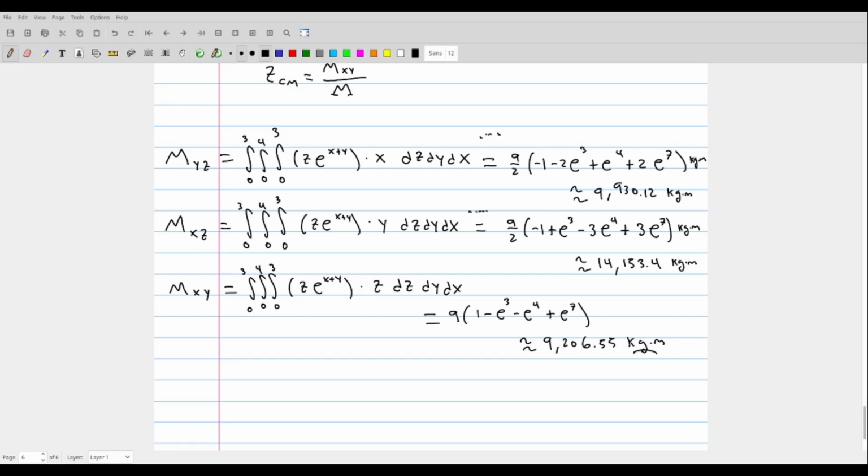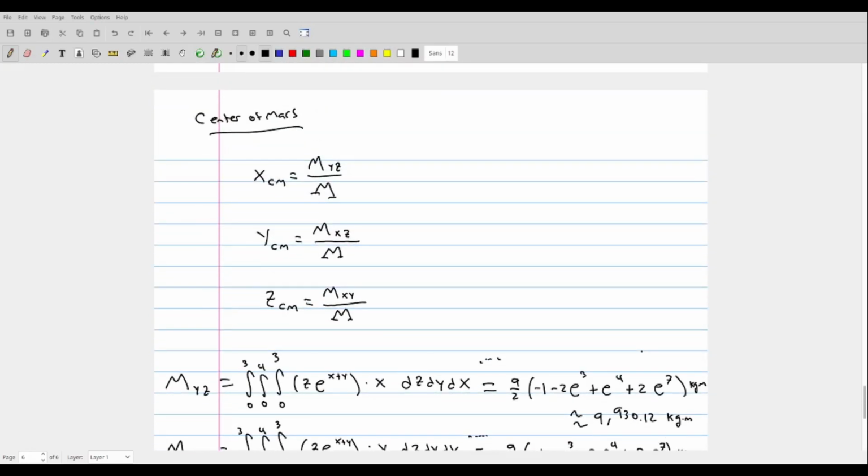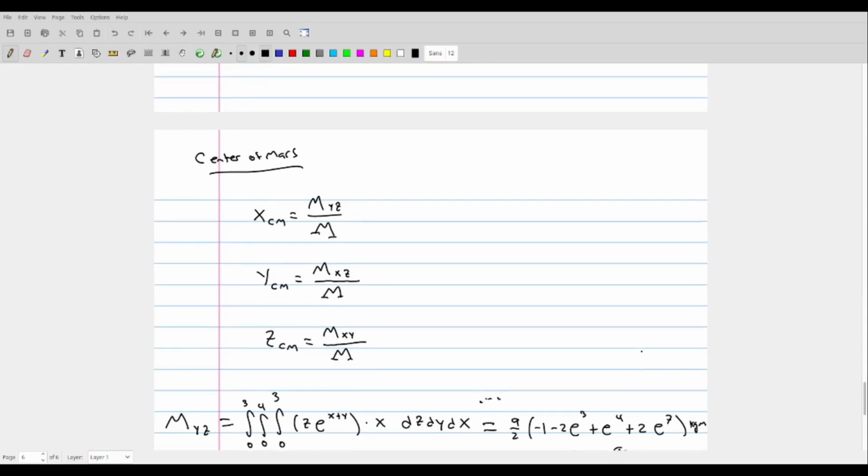And so when we go through and plug all of these values into our center of mass formula, which we can directly do, because the center of mass coordinate for each ordinate is just the relevant moment divided by the total mass of that region, we can actually compute each one of these values. We have m, and we have all of the moments.